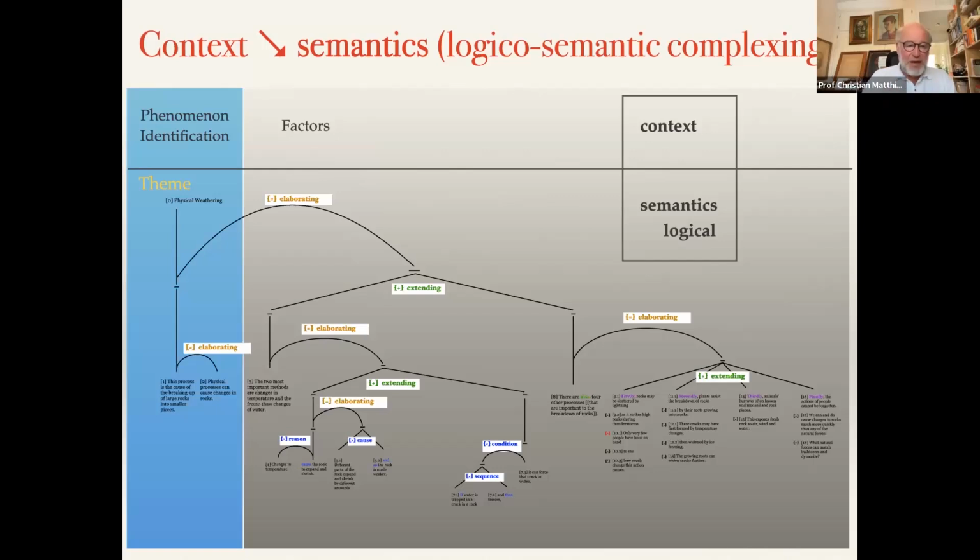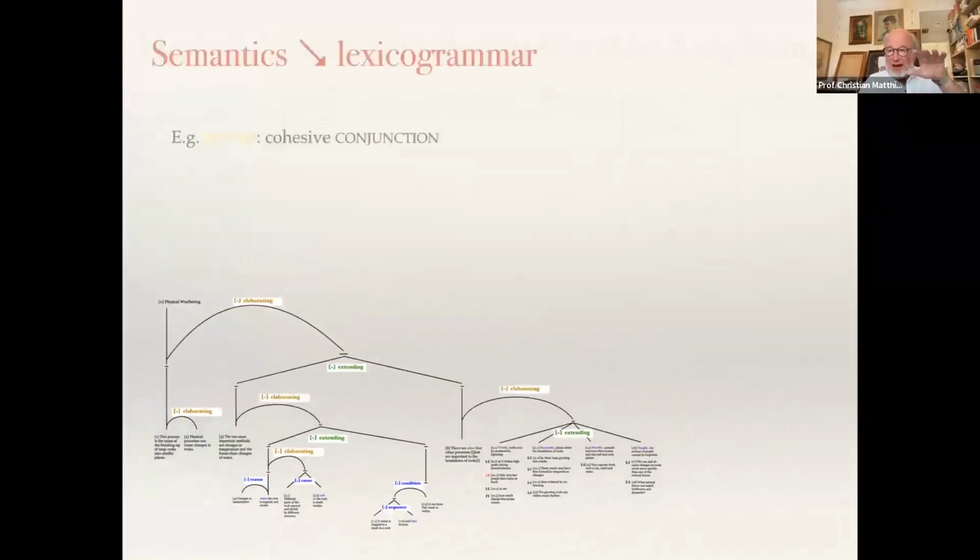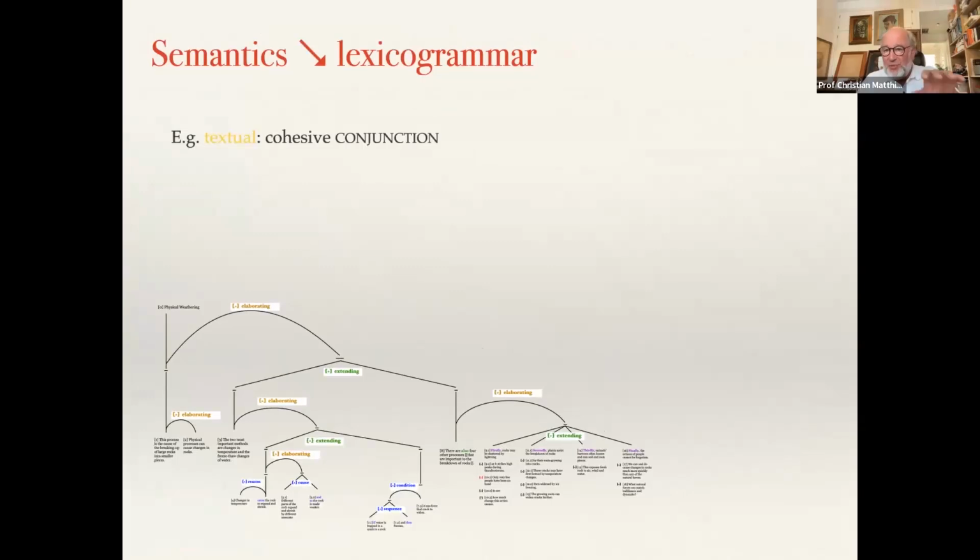So you can say, if you have phenomenon identification, what are the strategies for expanding this? Well, you can elaborate it by introducing the methods mentioned in the central one, for example. But we can also look below and we'll say, all right, when you learn to write this kind of text, expanding knowledge by a factorial explanation, also pay attention to the grammatical resources you use, like, for example, cohesive conjunctions.